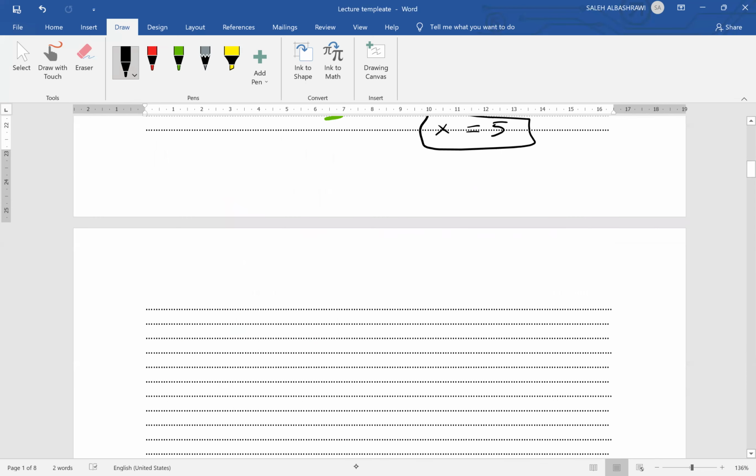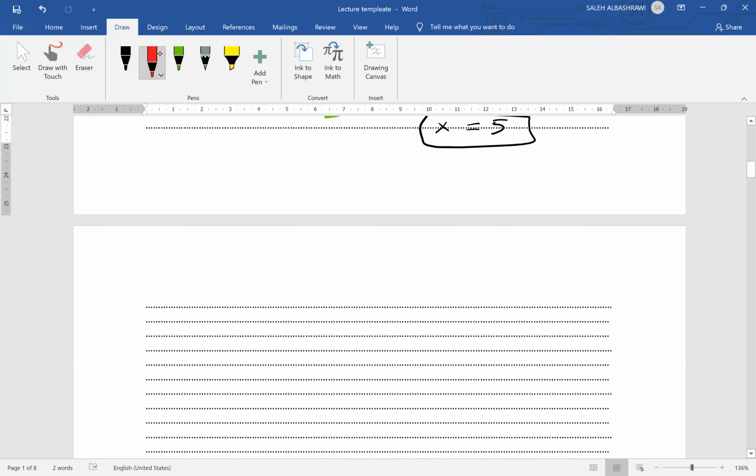One more. Suppose that we have 2 over 3 to power x equal to 27 over 8.